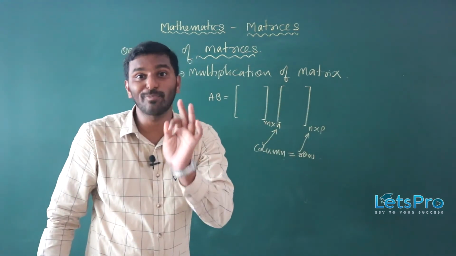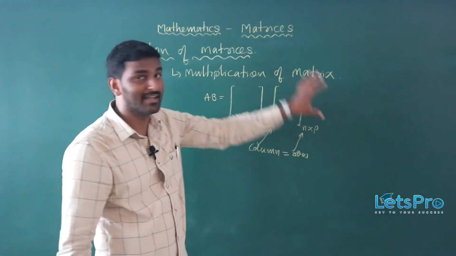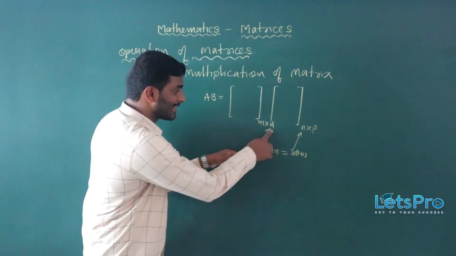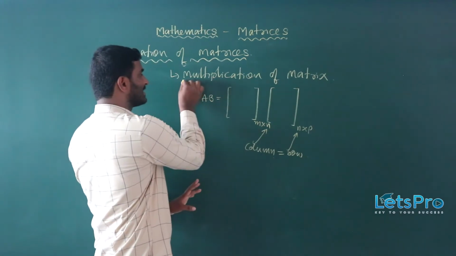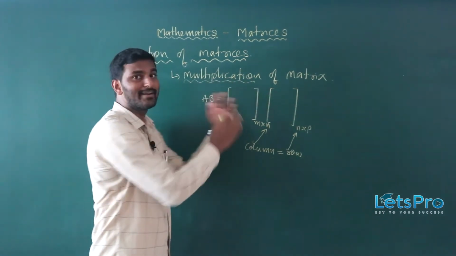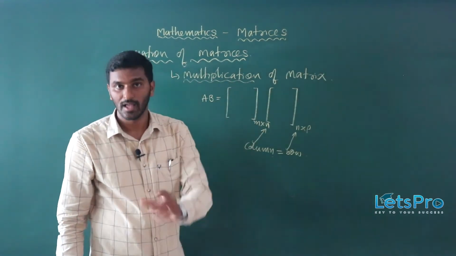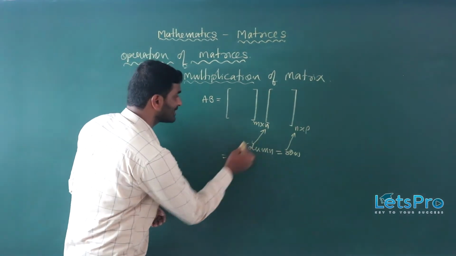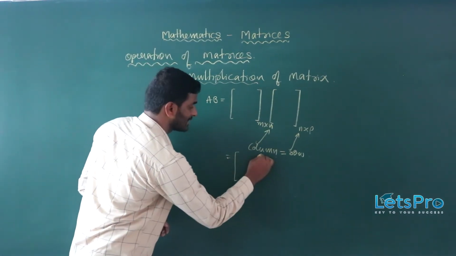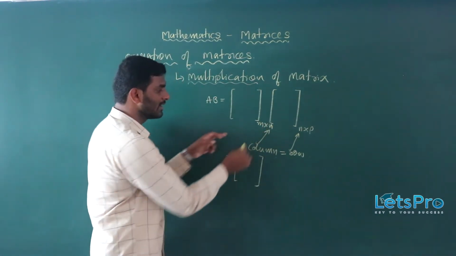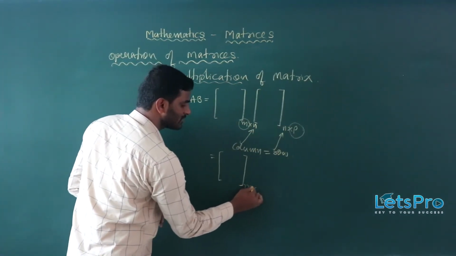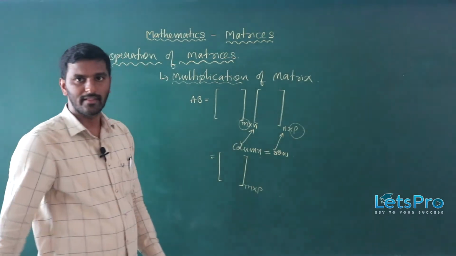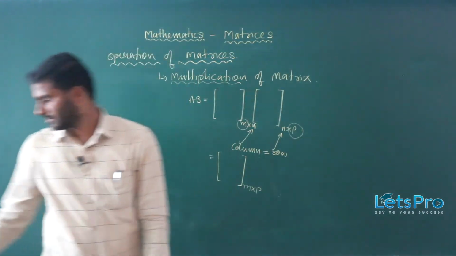Then only is it possible to multiply the two matrices. The resulting matrix will have order M cross P. Let us take an example.